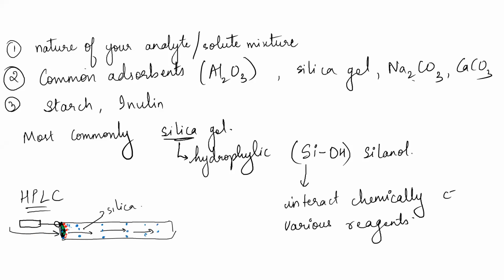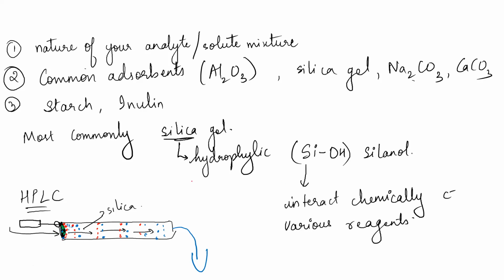With the mobile phase only they will move, and then you will collect the eluent and go for spectroscopic methods for analyzing it. If the red has the second most affinity to the mobile phase, the red will always be after the blue, because blue has the most affinity for the mobile phase, followed by red. The green one says I do not like the mobile phase, I want to stay on the stationary phase only. It will then be retained on the stationary phase. So depending upon the adsorption affinities, your separation occurs in HPLC.